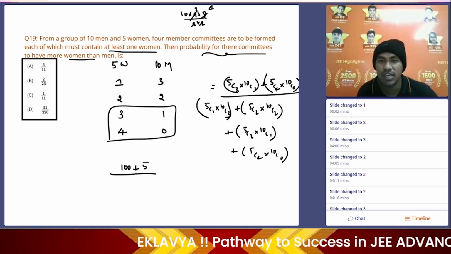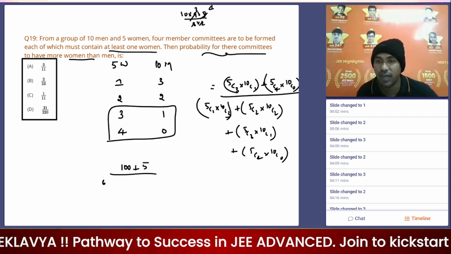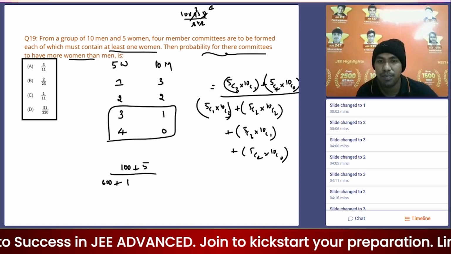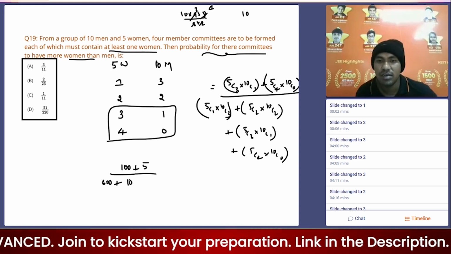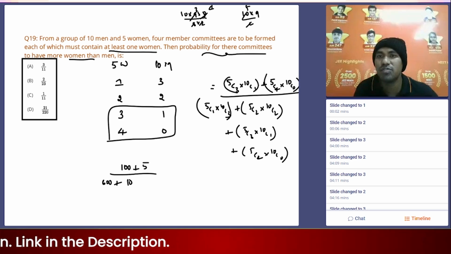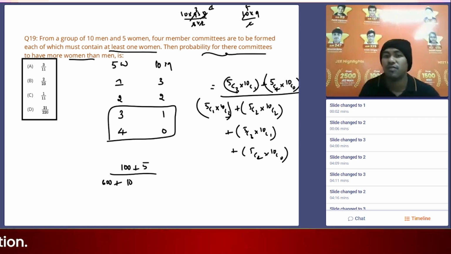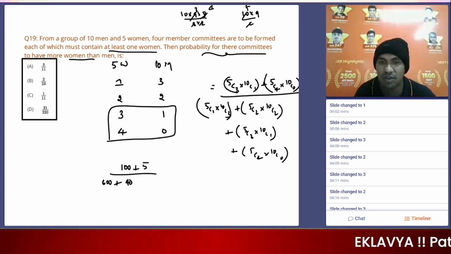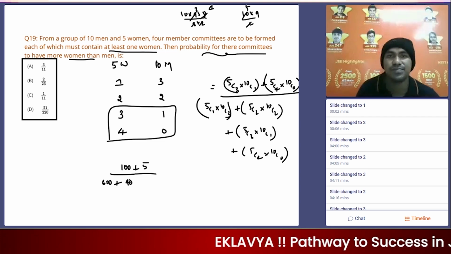So 120 into 5 will become 600, plus 5C2 is 10 × 9 by 2, which is 45. So 45 into 10 will be 450.